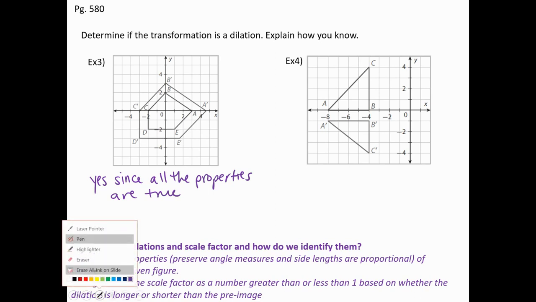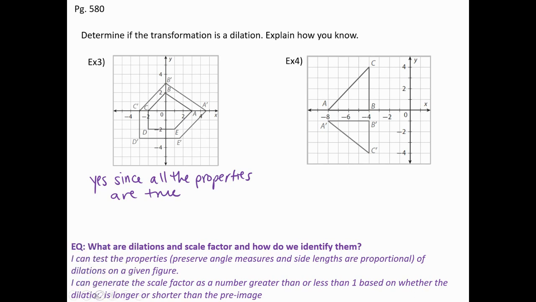So we're going to actually find the scale factor. This one is a lot more normal in terms of what we normally do to find scale factor. So remember, scale factor is going to be image over pre-image. Okay, and so I'm going to look at my shape for a side that I can easily count.